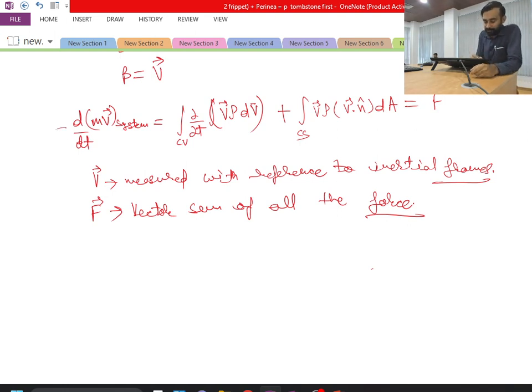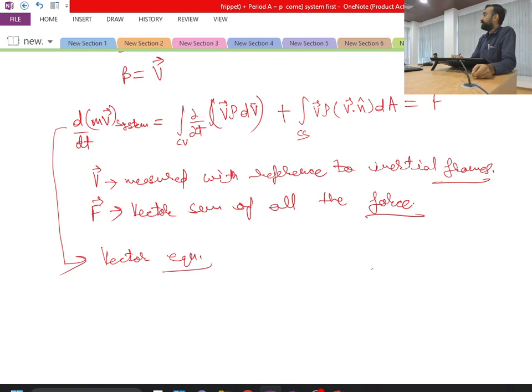The third important point of this equation is: is this equation a scalar equation or a vector equation? So this is nothing but a vector equation. How can we see? If you see the right hand side, it's F vector, already a vector.